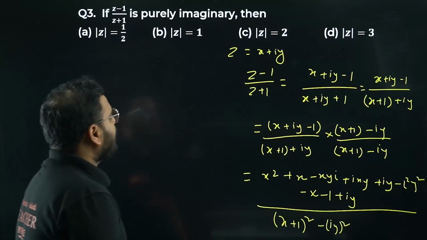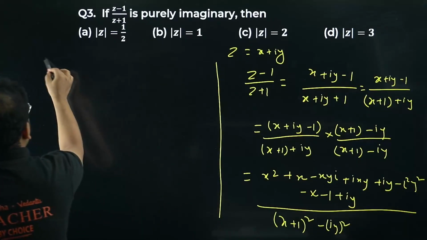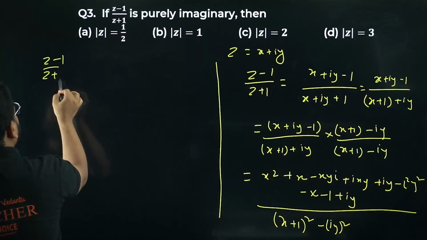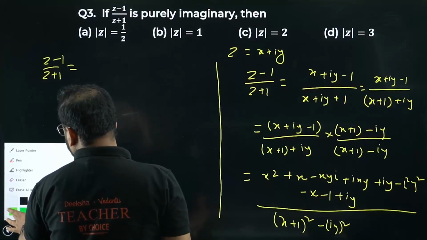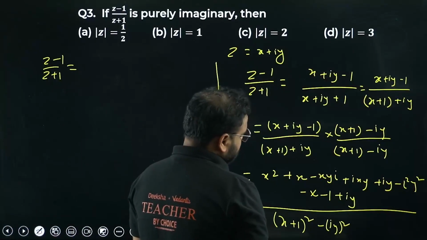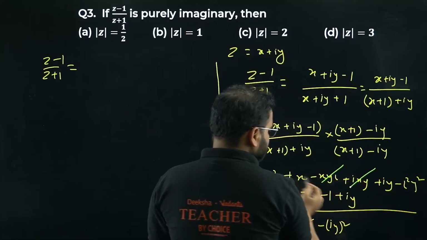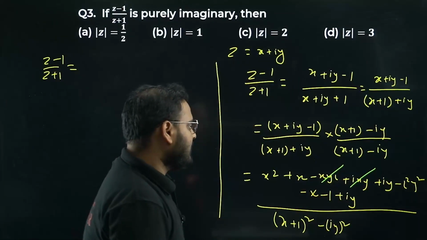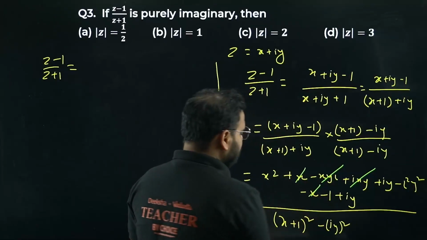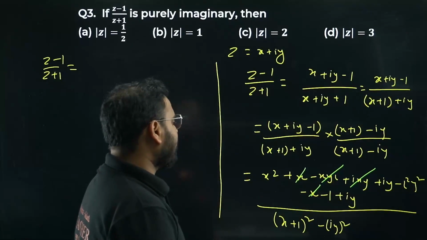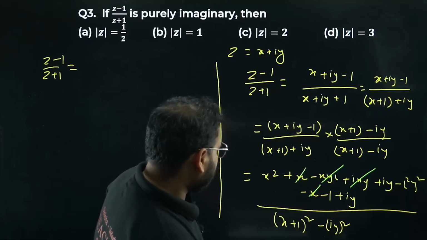So I'm getting the same thing, z minus 1 upon z plus 1, as the numerator. Something interesting coming up. Minus xiy is common, the plus sign gets cancelled. Plus x minus x also is cancelled.